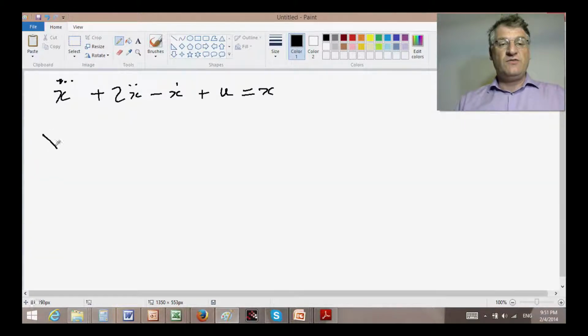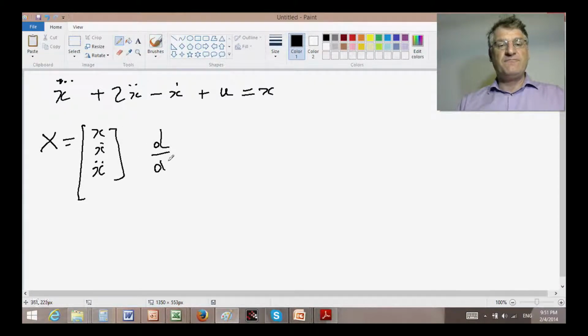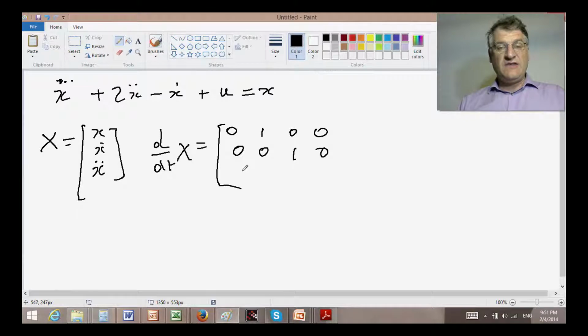Okay. Not surprisingly, we define our state vector x to be x, x dot, x double dot, and we get that d dt of x will be equal to 0, 1, 0, 0, 0, 1, and then, my mistake, there are too many zeros here. So let me erase that.